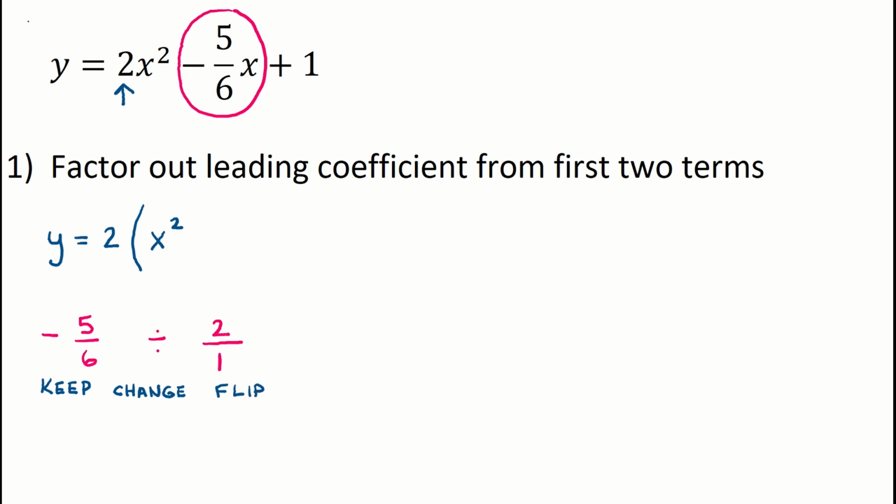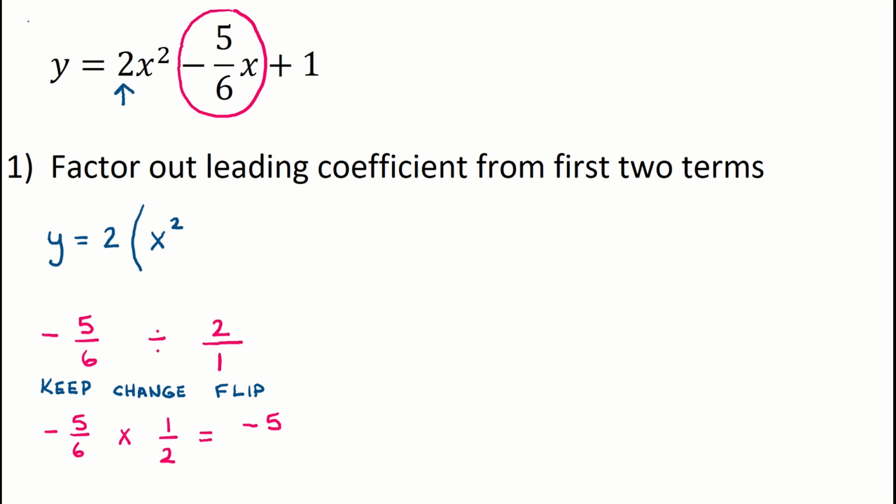So what we're going to do is keep the negative 5 over 6. We're going to change the division sign into a multiplication sign. And then we're going to flip the 2 over 1 and make it 1 over 2. So now we have a fraction multiplication problem. We can multiply the numerators together. Negative 5 times 1 is negative 5.